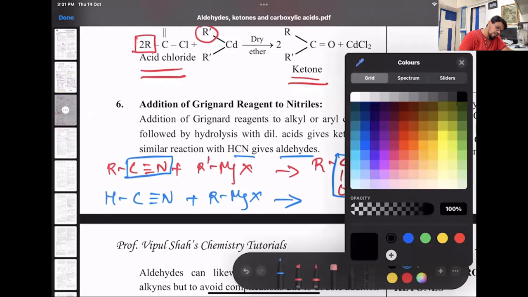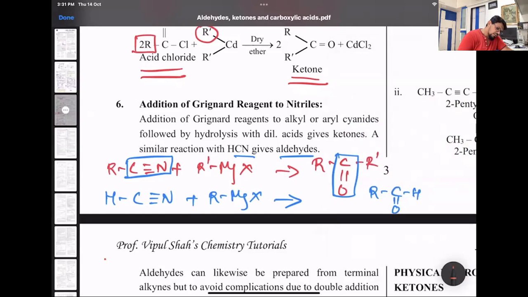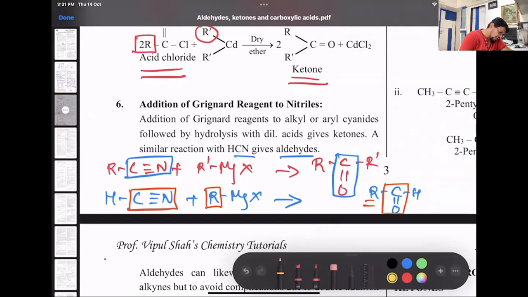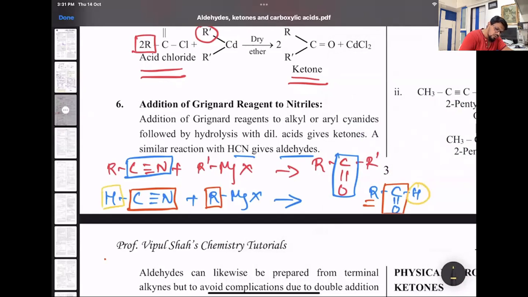Please listen carefully here, everyone, to how this works. This R is coming from Grignard, what I already have. And here the cyanide part, C triple bond N, becomes C double bond O. And the H, which was already attached, also gets attached to the C double bond O. Got it?